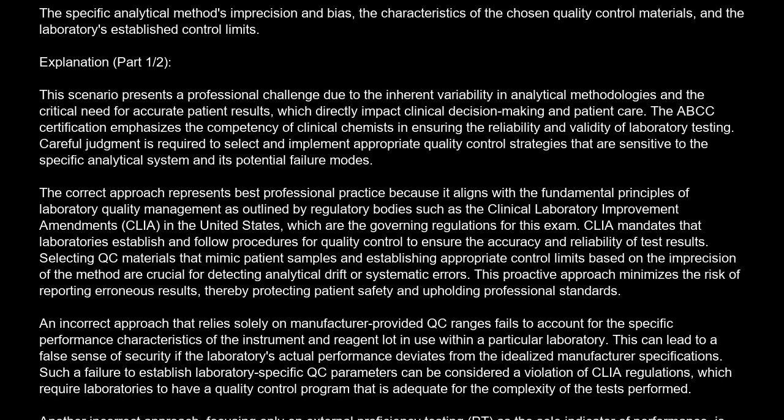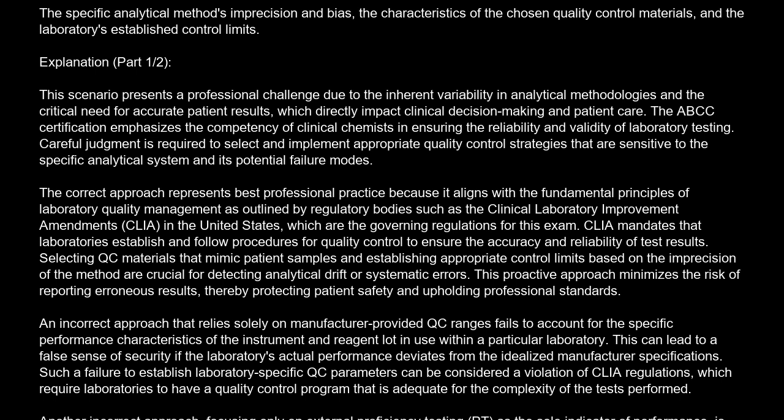The correct approach represents best professional practice because it aligns with the fundamental principles of laboratory quality management as outlined by regulatory bodies such as the Clinical Laboratory Improvement Amendments, CLIA, in the United States, which are the governing regulations for this exam. CLIA mandates that laboratories establish and follow procedures for quality control to ensure the accuracy and reliability of test results.